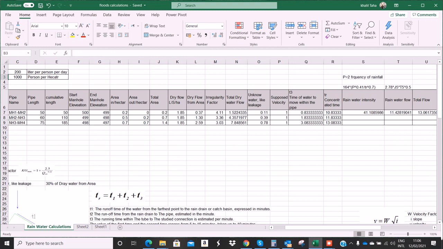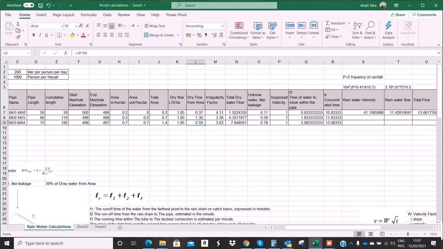Now we need to calculate for each area. The dry water from the first area, you just multiply the area by the dry flow, and you will get the flow from this area. As you can see, it has another meaning: what dry water each pipe will carry.